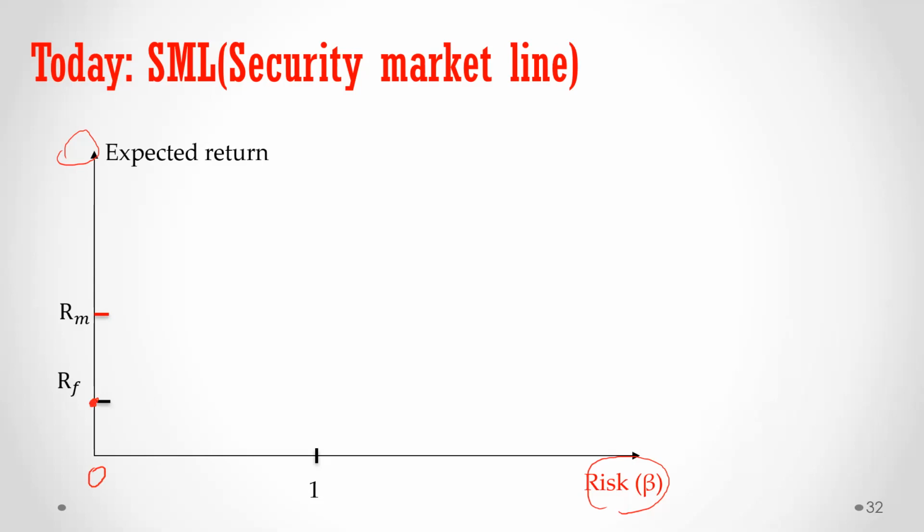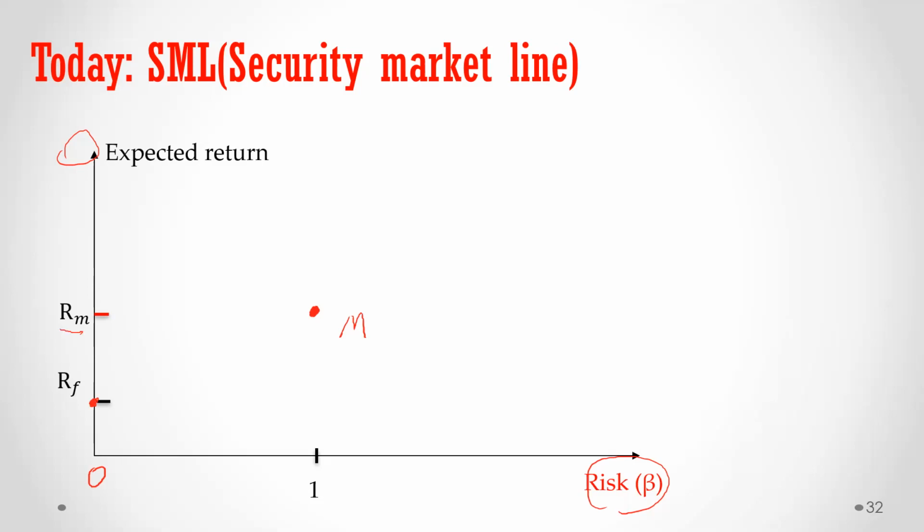On the other hand, this portfolio is also an important portfolio because this is the portfolio with the beta equal to 1. We know that the market portfolio, by definition, has a beta equal to 1. So if there's an asset whose systematic risk is identical to the market portfolio, then the expected return for this asset is equal to the expected return of the market, or RM.